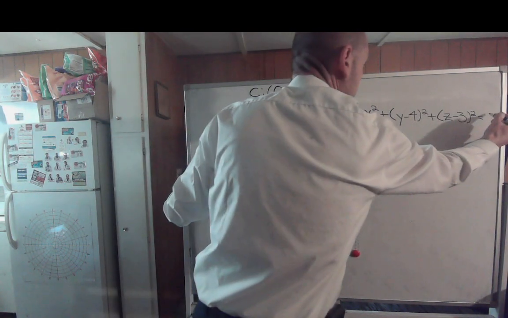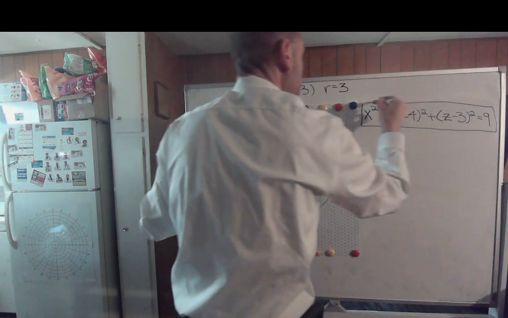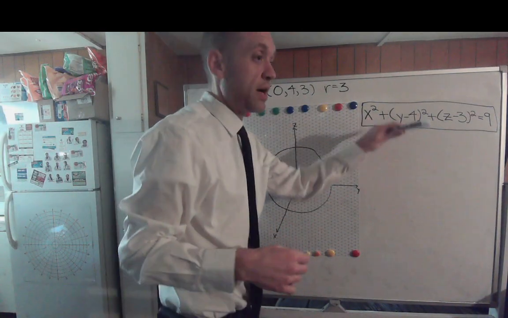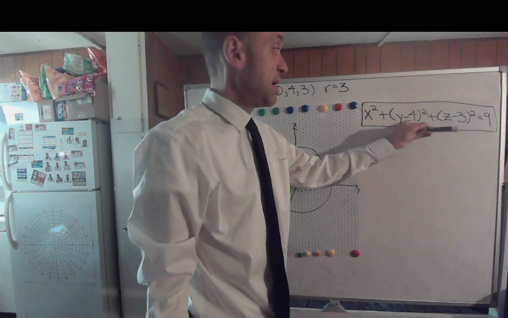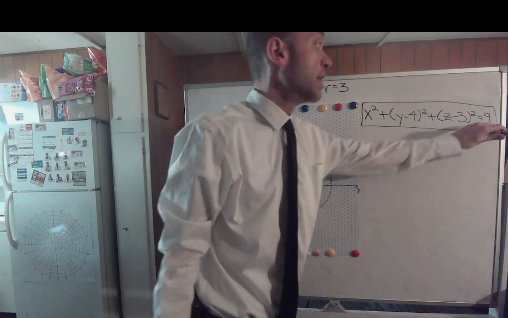Well, 3 squared is 9. So the equation of this particular sphere with center at 0, 4, 3 and radius 3 is x squared plus the quantity of y minus 4 squared plus the quantity of z minus 3 squared equals 9.